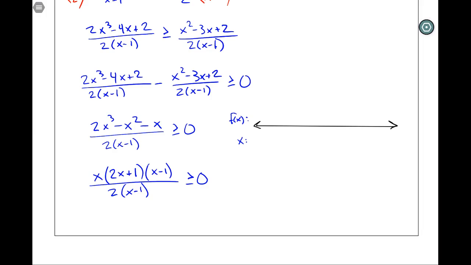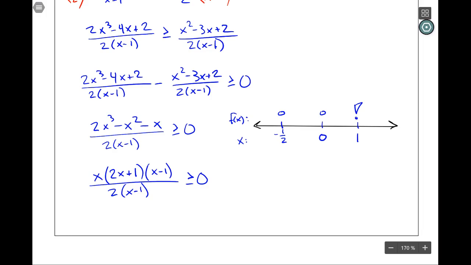Well, we have zeros at x equals 0, and then we have a 0 at negative 1/2. And then x equals 1, it's not a 0. It's a restricted value from the domain, so I'm going to mark it as that. I know it would make the numerator 0, but because it's also in the denominator, it's a restricted value.